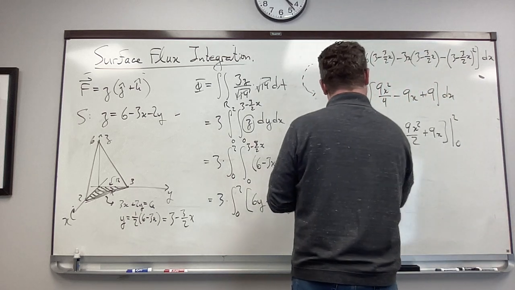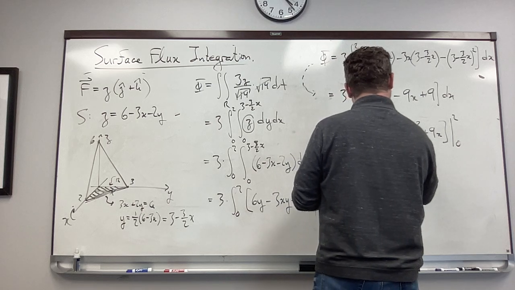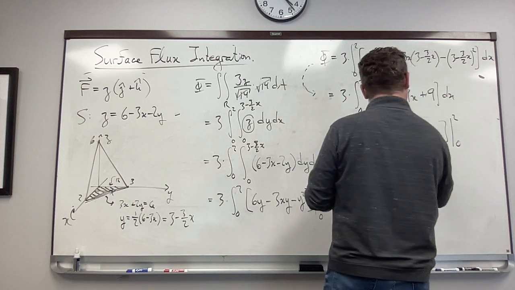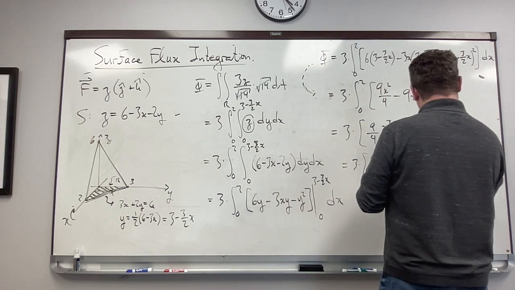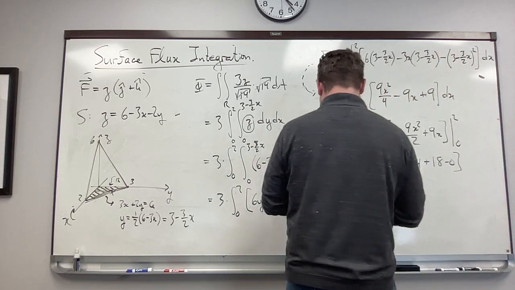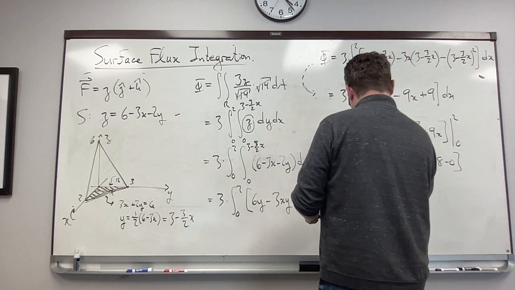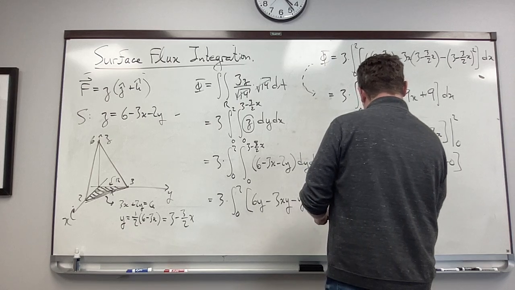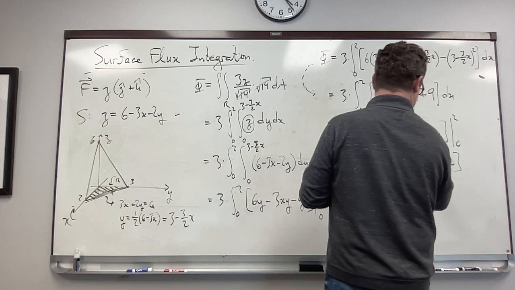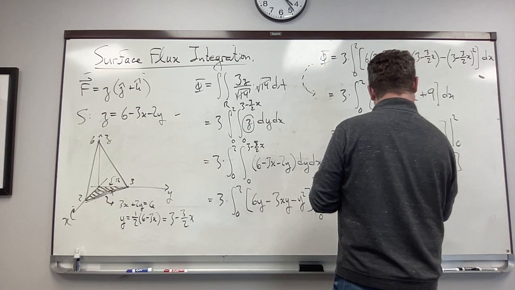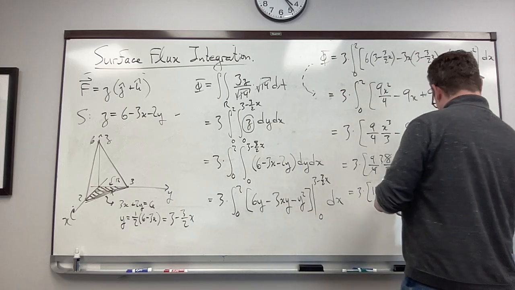So this becomes 3 times 9 over 4 times 8 over 3 minus 9 over 2 times 4 plus 18 minus 0. So this is 3 times 18 over 3 minus 36 over 2 is 18, plus 18, so this is minus 18 plus 18. Cancel, cancel. This just becomes 18.